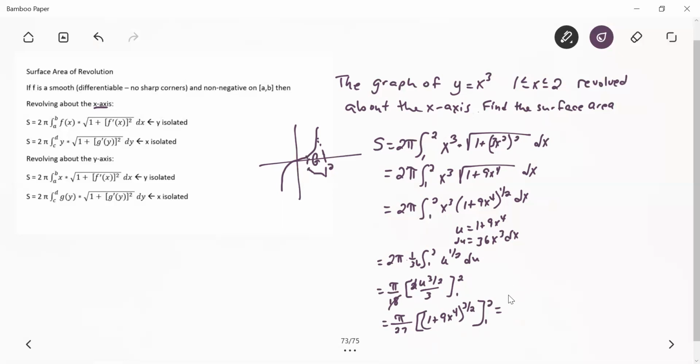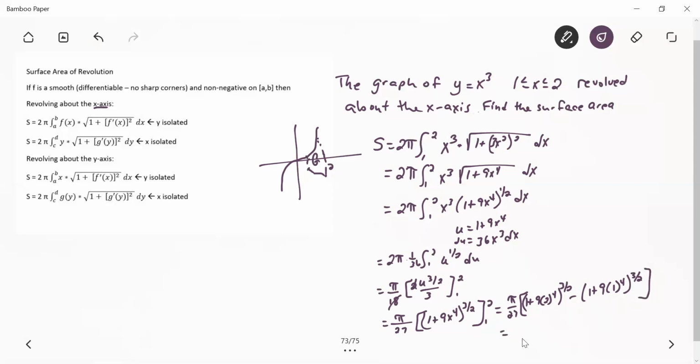So this is pi over 27 times, well, 1 plus 9 times 2 to the 4th, raised to the 3/2, minus 1 plus 9 times 1 to the 4th raised to the 3/2.